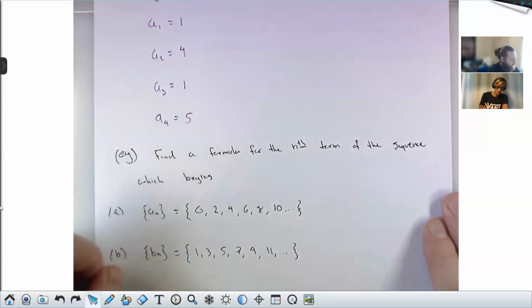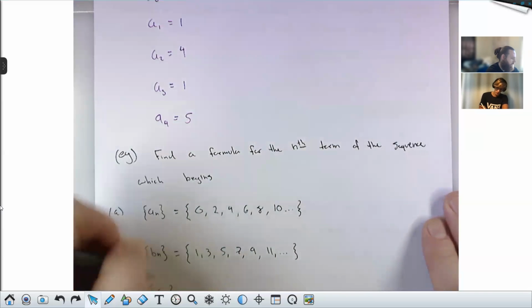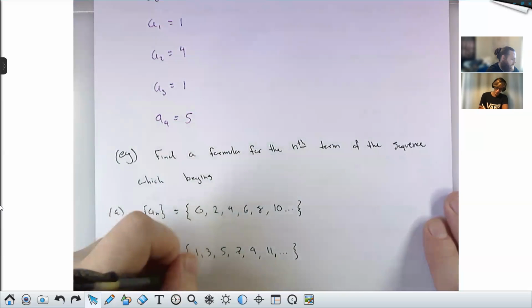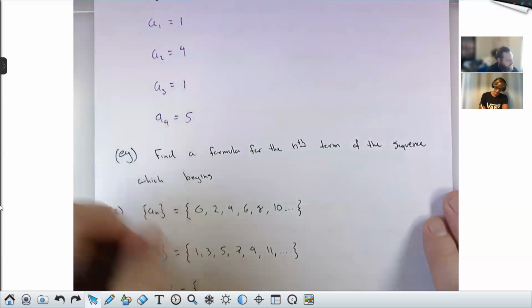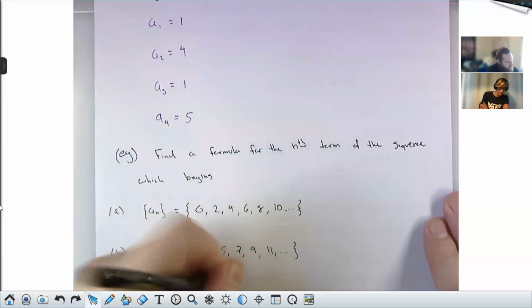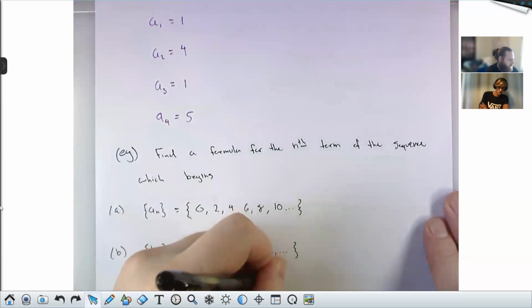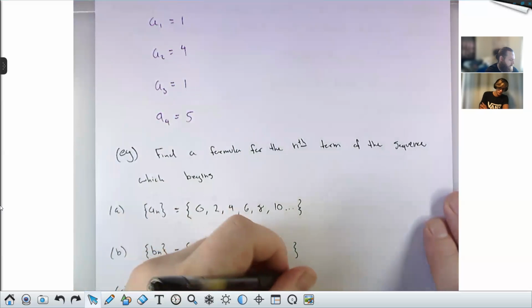And let me throw a third one in here. There's one that kind of fits nicely in this. Cn. So let's do 1, 2, 4, 8, 16, 32.